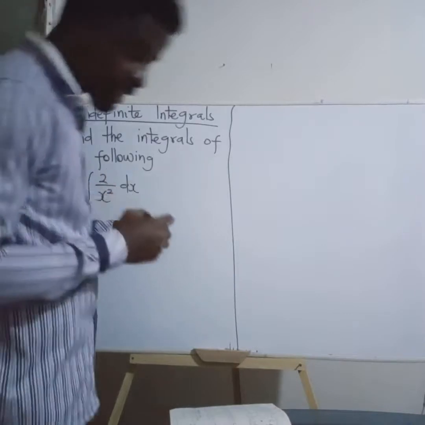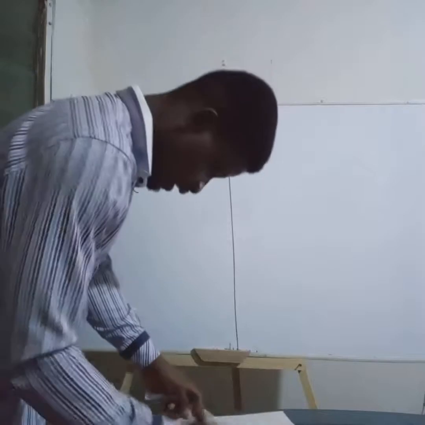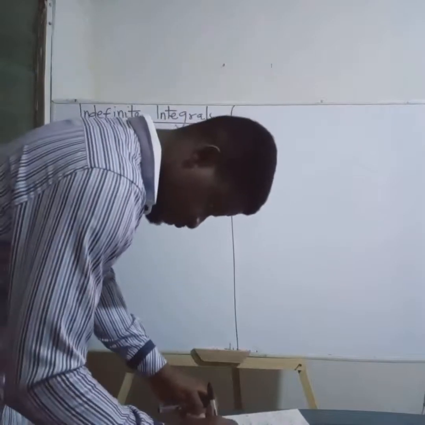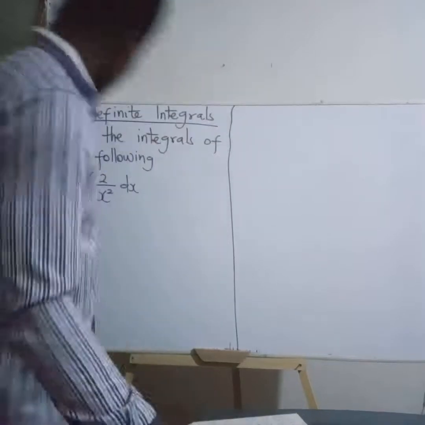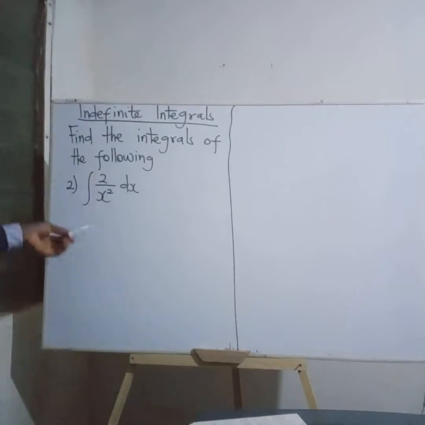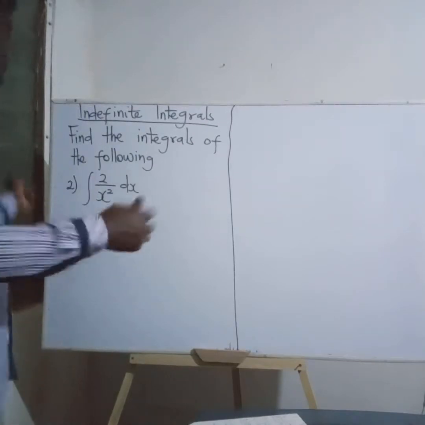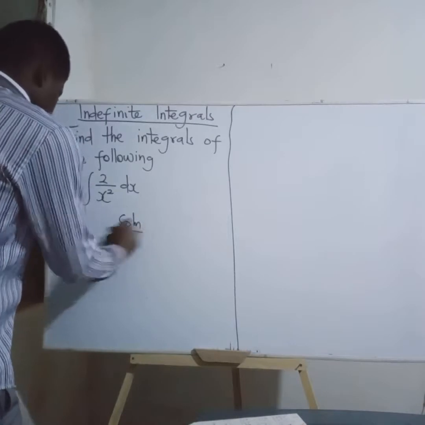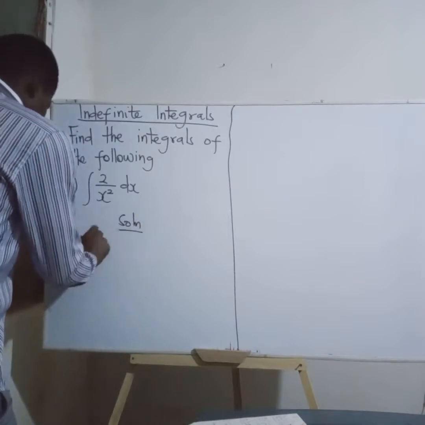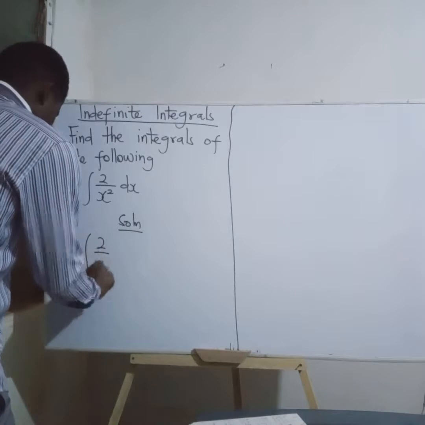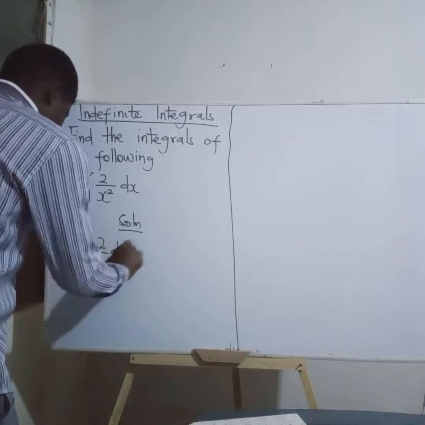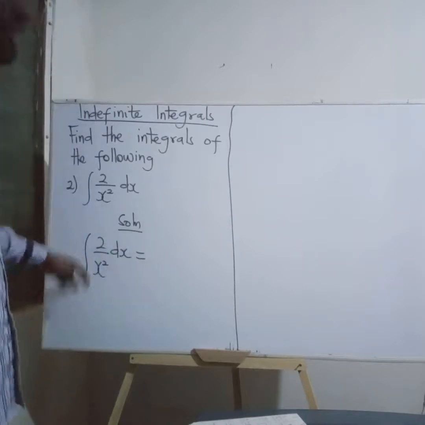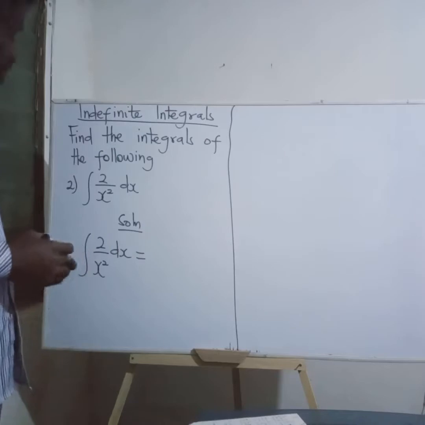So this is our second example. The integral of 2 over x squared dx. Solution. So the integral of 2 over x squared dx is equal to, before I can integrate this, I need to find the inverse of this first.